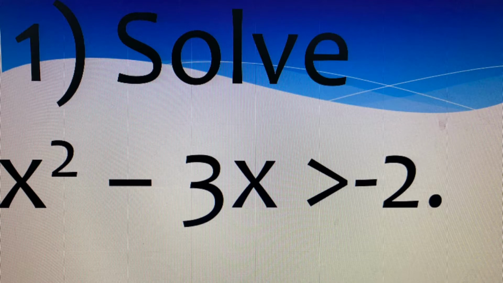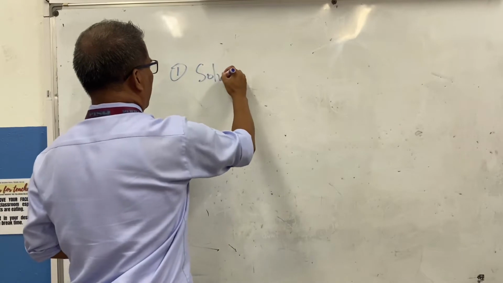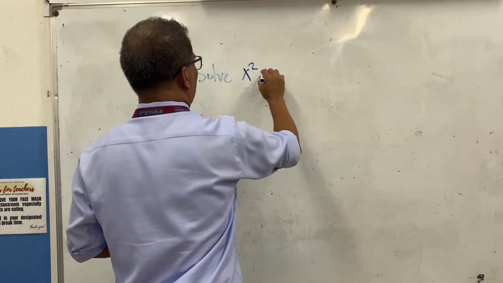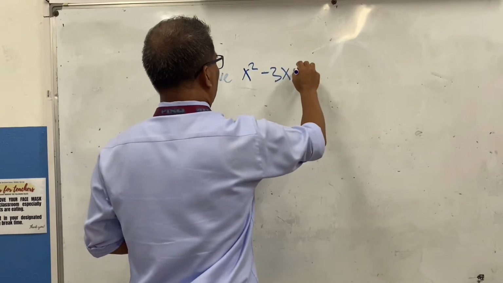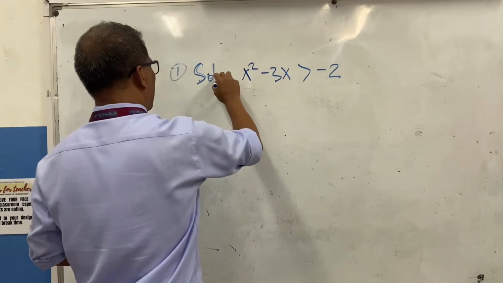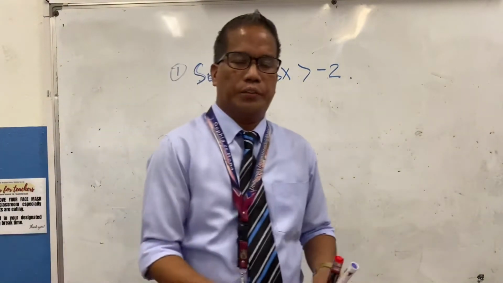Let us answer example number 1 about quadratic inequalities. This is the solution. Solve x squared minus 3x greater than negative 2. So this is the question.